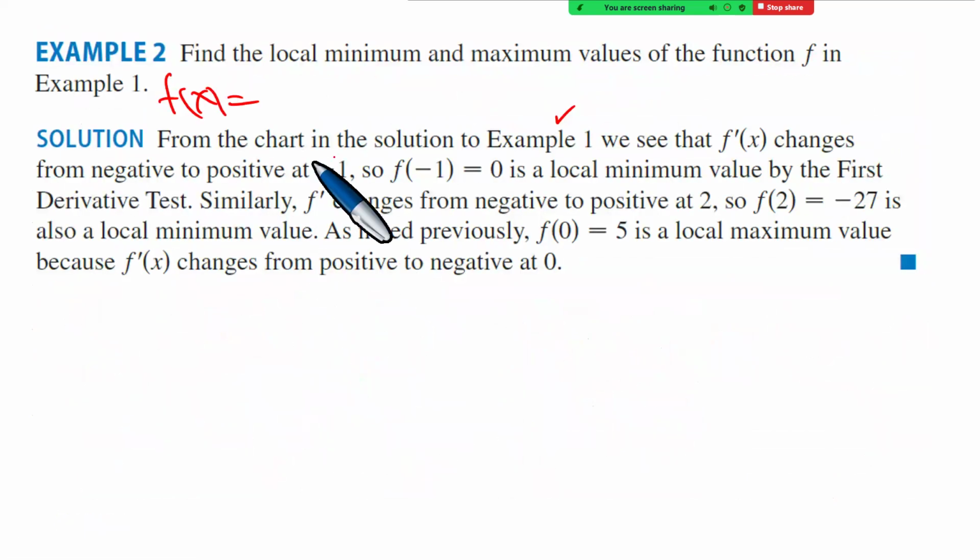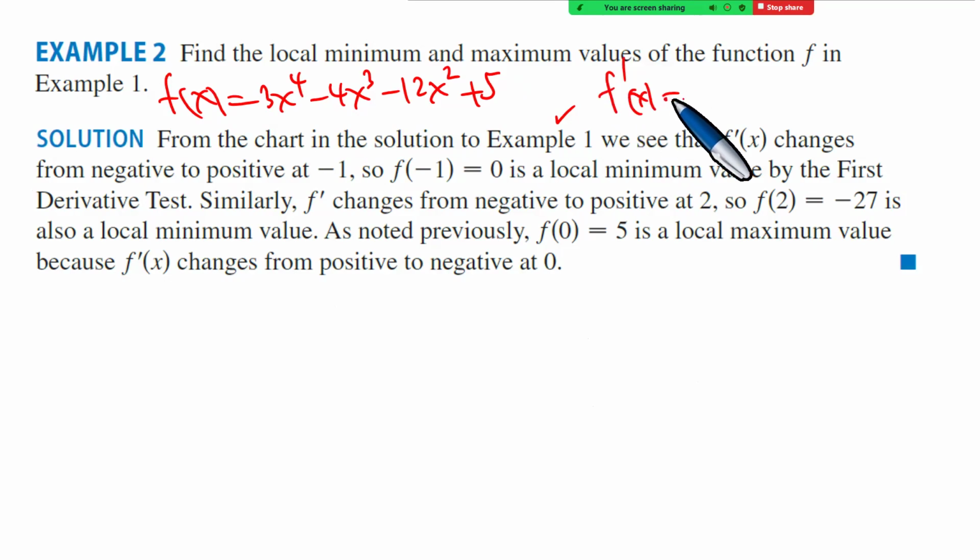And now, from the chart in example 1, let us obviously consider the chart as well, but we shall look at the function, which is exactly 3x to the 4th power minus 4x cubed minus 12x squared plus 5, which means f prime of x is equal to 12x(x minus 2)(x plus 1).